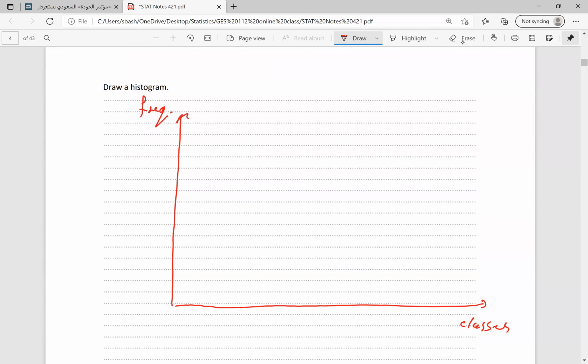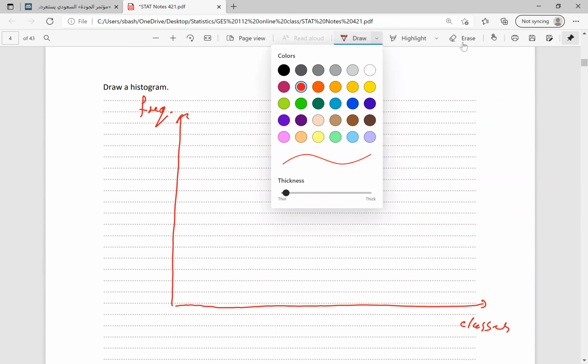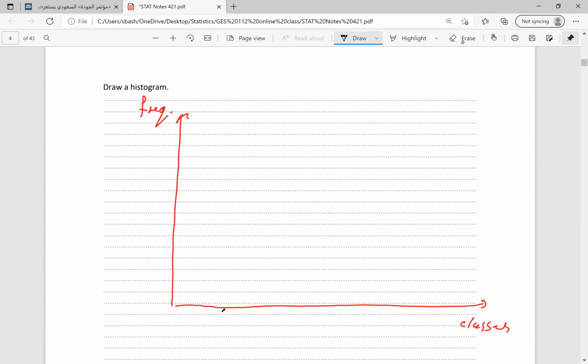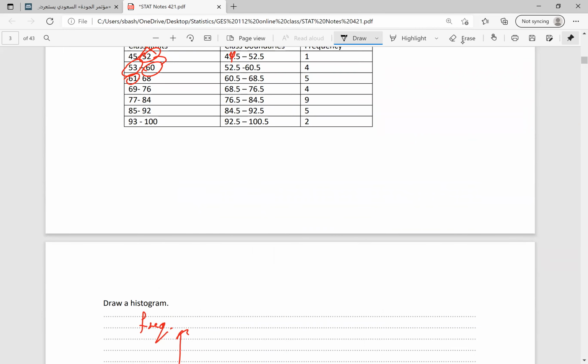Starting with 44.5, the next one is 52.5, then 60.5, 68.5, 76.5, 84.5, and the last one is 100.5.